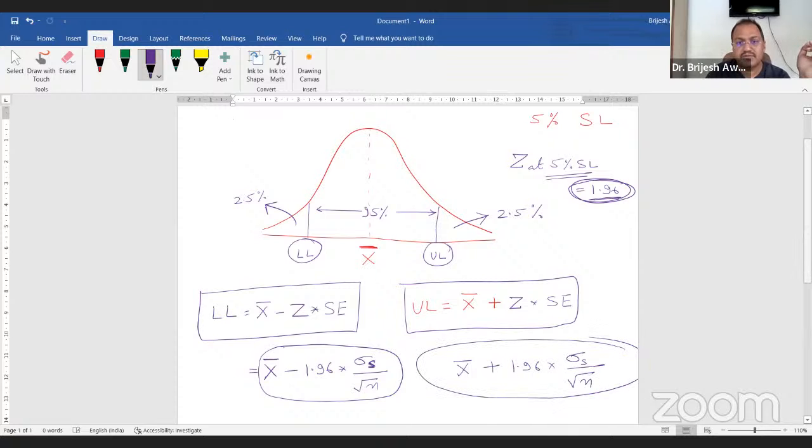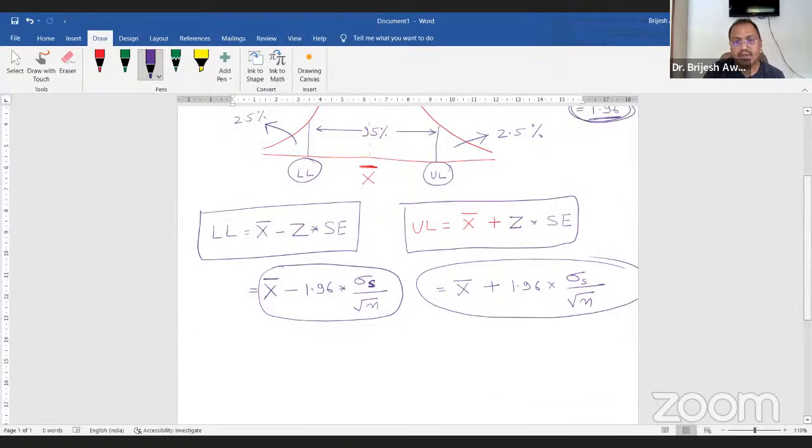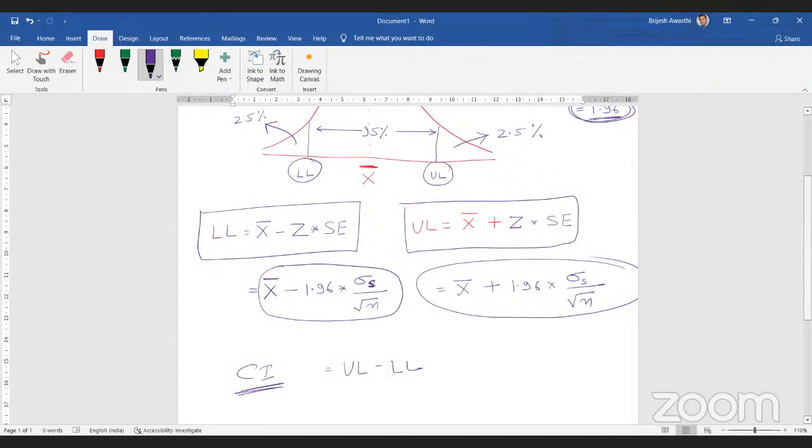With the help of this, we can easily find the upper limit and lower limit. The difference, upper limit minus lower limit, is known as the confidence interval.